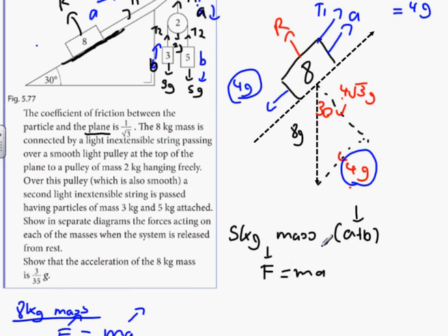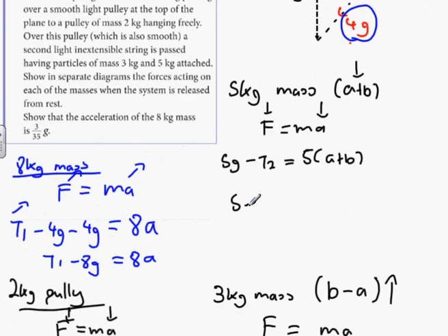Now, going down. So F is what, guys? 5g minus T2 equals ma, 5 bracket A plus B. And then multiply it out. 5g minus T2 equals 5a plus 5b.